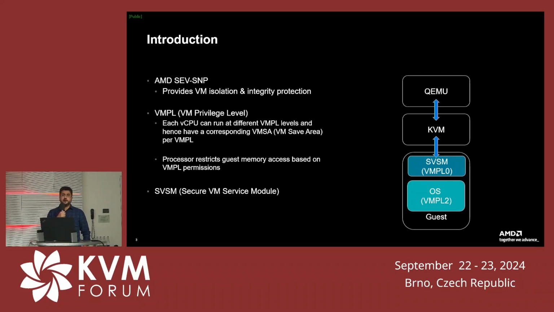They cannot see the encrypted text of each other. SNP provides integrity protection, where the guest memory cannot be remapped, replayed or corrupted, to avoid these attacks. This is done with the help of SNP extensions in the hardware and, of course, software support.